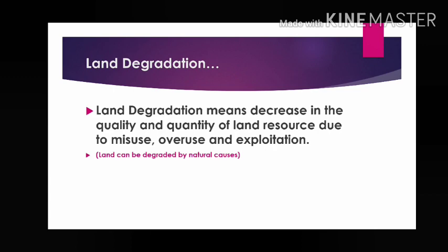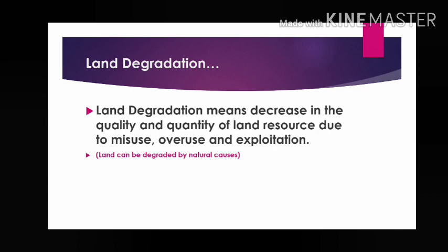So whenever we talk about land degradation, it is the result of what type of human activities? Greedy persons' activities. Those who are greedy have created the problem of land degradation. How? Land degradation means decline in the quality and quantity of land resource due to misuse, overuse and exploitation.